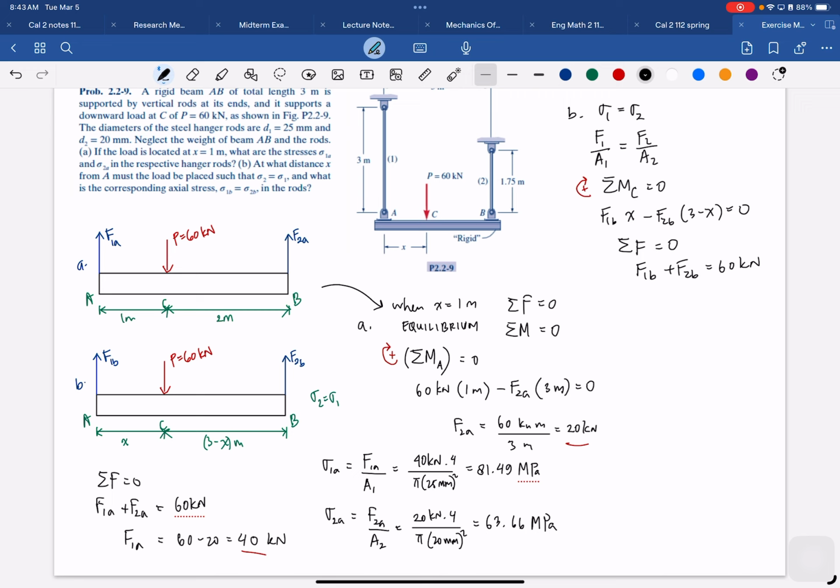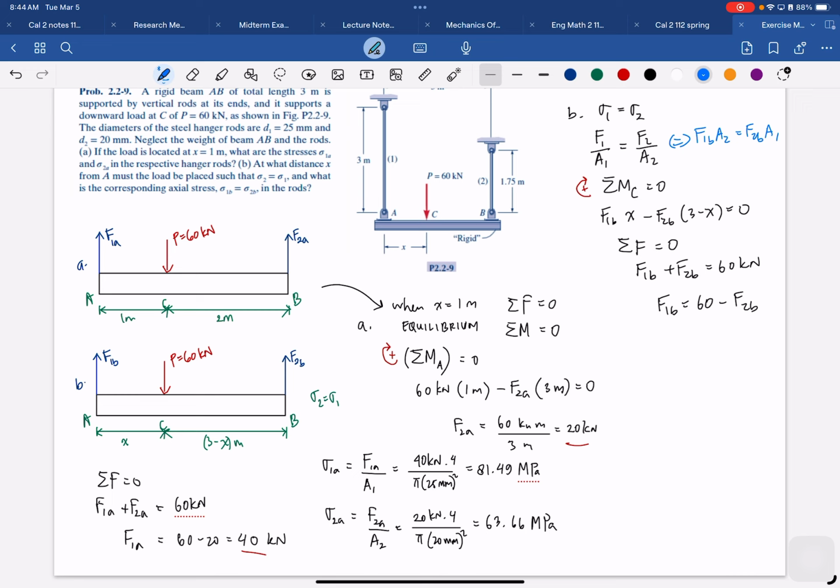So we get everything now, the relations between F1B and F2B. So F1B we can substitute with 60 minus F2B, and from here we could get that F1B A2 equals F2B A1, okay?